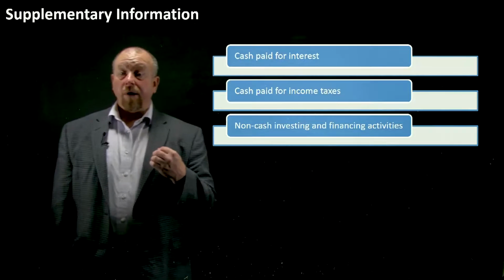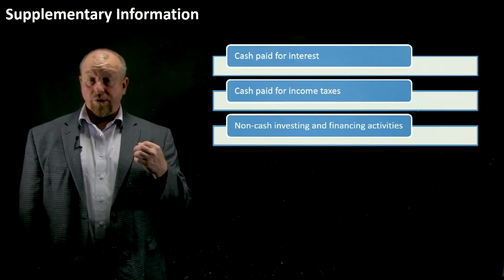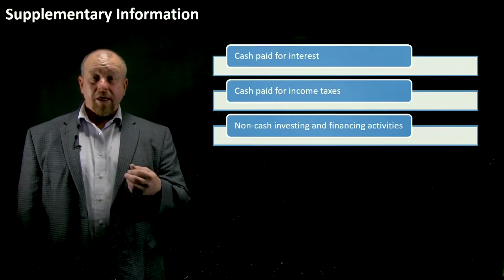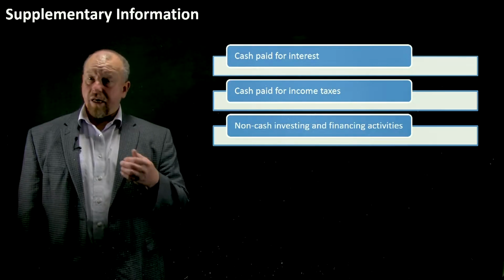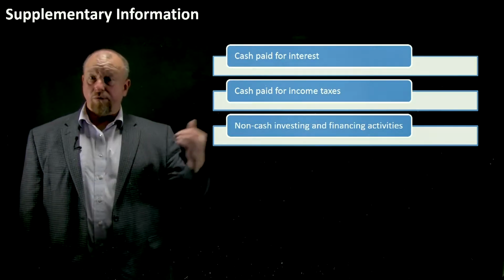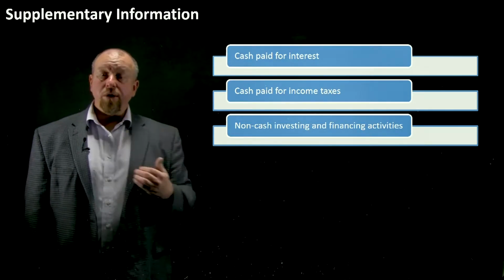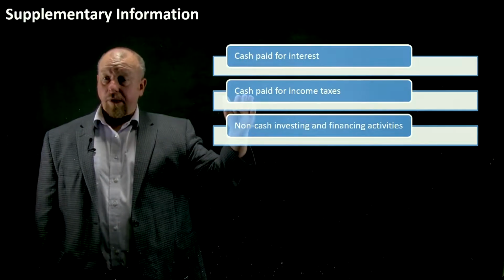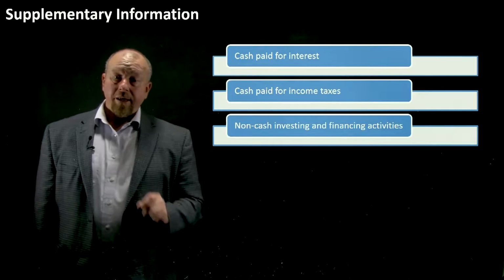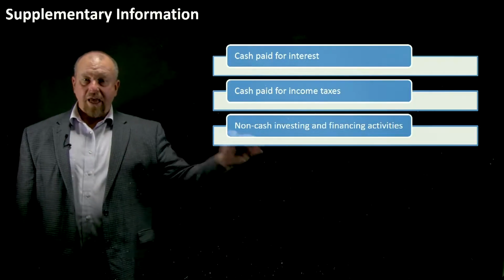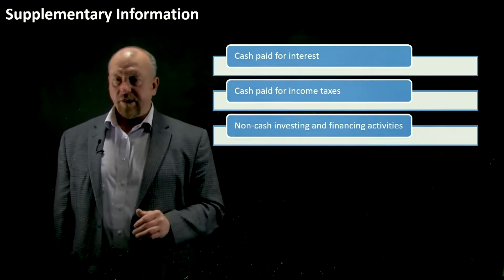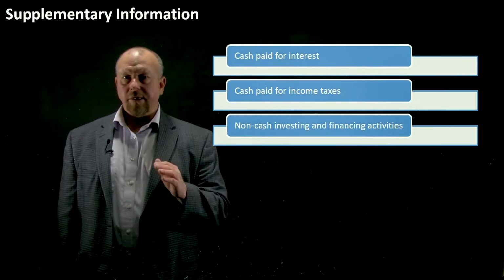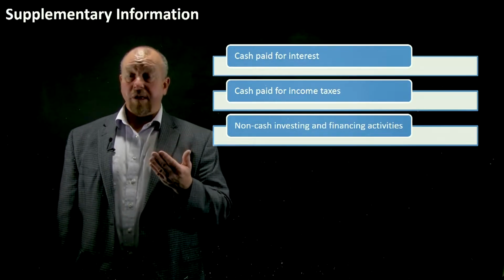Finally, let's talk about a few supplemental disclosures. With the indirect method, you're not specifically saying how much cash was paid for interest or for income taxes. So if you're using the indirect method, GAAP requires you to disclose these two amounts. Also, there is the possibility of non-cash investing and financing activities. The best way I can describe this is thinking about a vehicle loan.